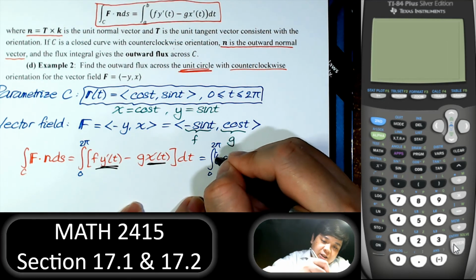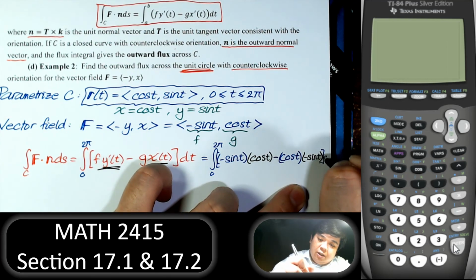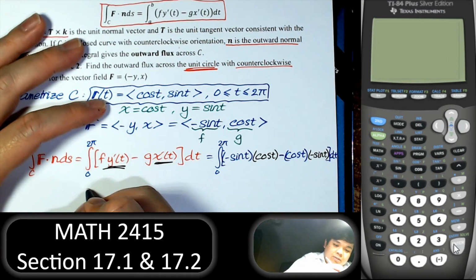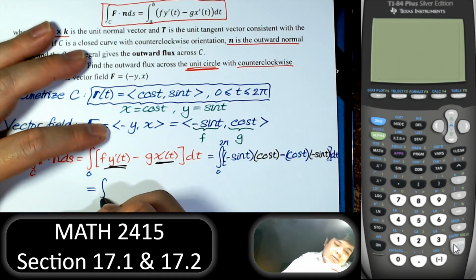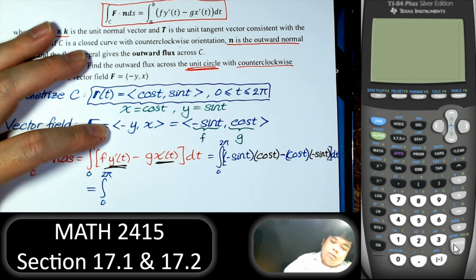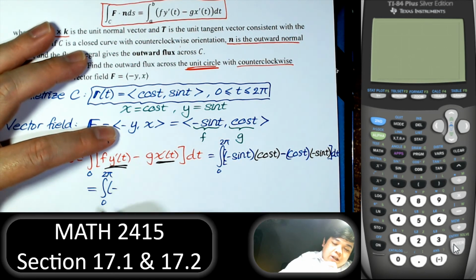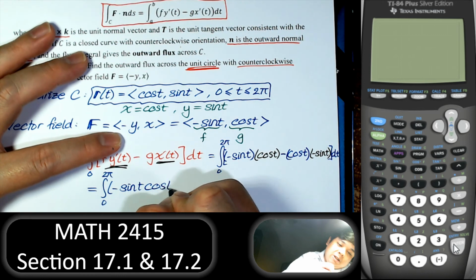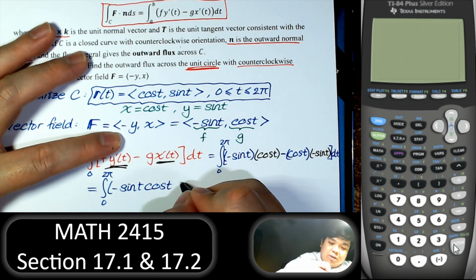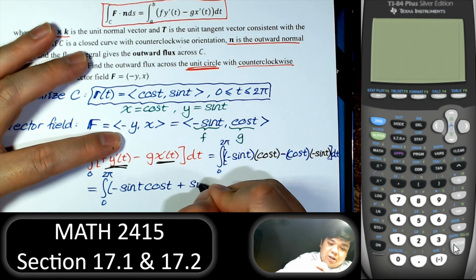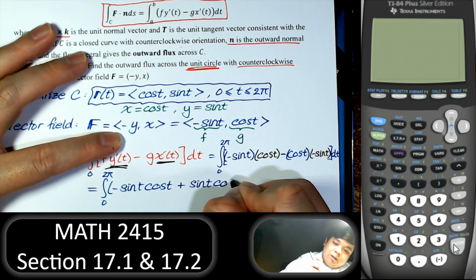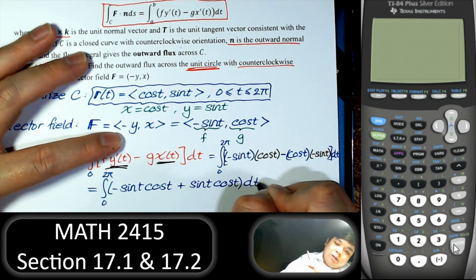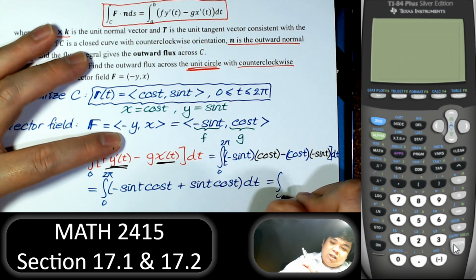All of that dt. So that gives us negative sine cosine, negative negative, so that's plus sine cosine. That cancels, we just have 0.